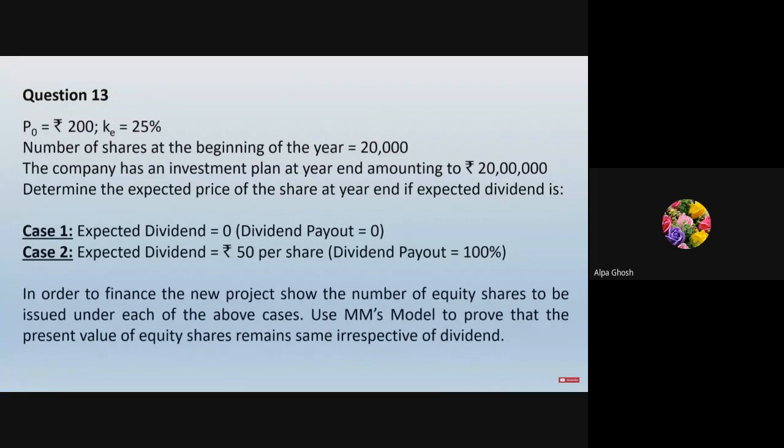Alright friends, so we have just read the question, and over here I would ask you to maintain a bit of patience, because through this example I am going to explain you the logic behind MM's model along with the derivation of its formula. Now please keep a lot of patience, write only and only when I am instructing you to write. Otherwise, when I am explaining concepts, please carefully understand.